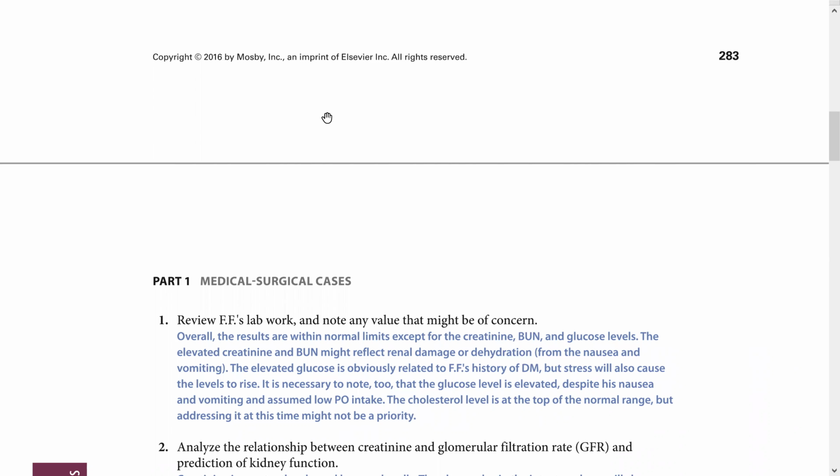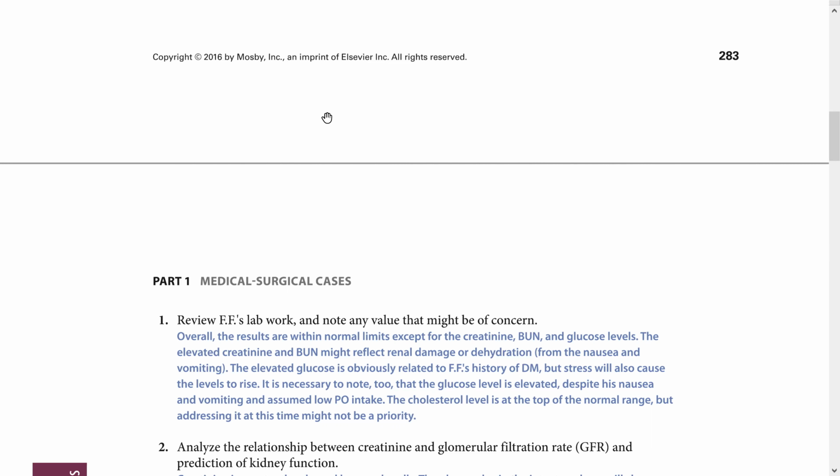What is your glomerular filtration rate? What is that? The creatinine shows how well the kidneys are filtering. Okay, I like that. Thanks, Ashley.